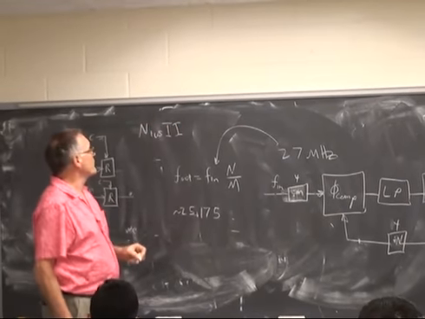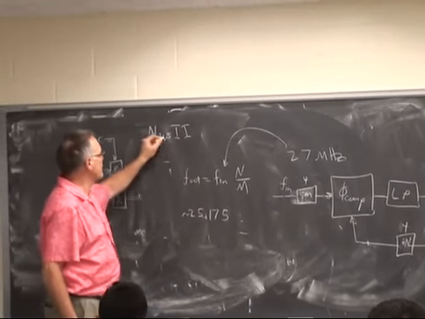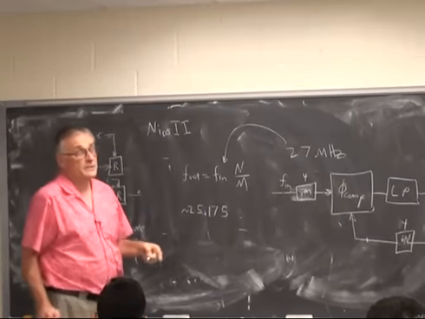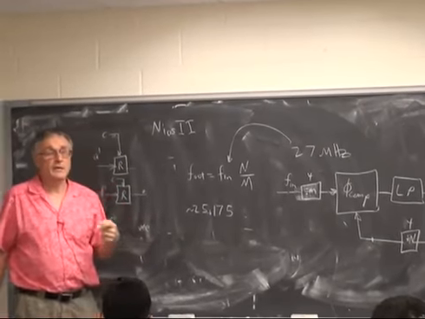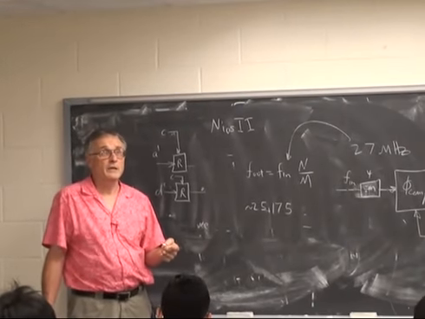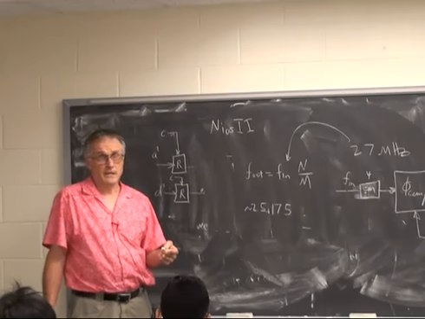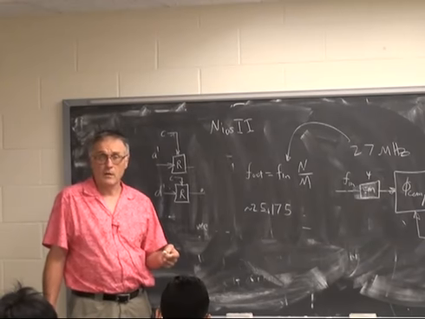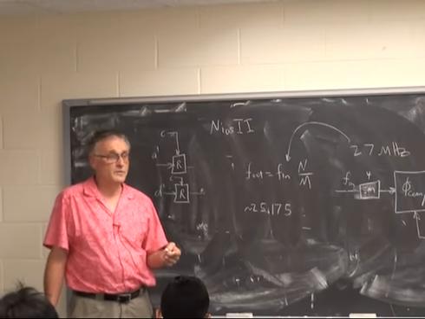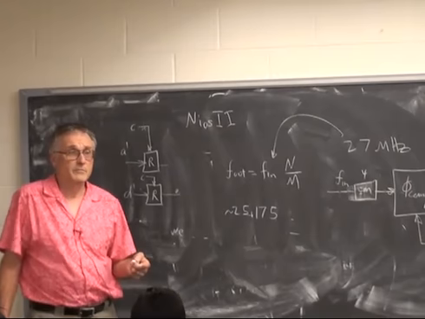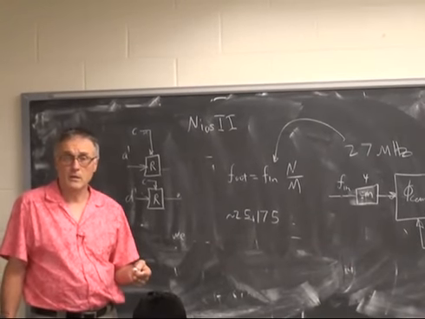Somebody told me this should be pronounced Neos 2. I don't know. Nios 2 CPU. It turns out that the clock signal for the Nios has to be delayed 3 nanoseconds from the clock for the SD-RAM. And the phase lock loops do that for you, so you don't have to do that yourself in some weird set of delay hardware.